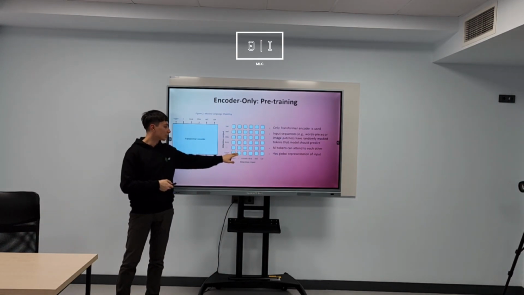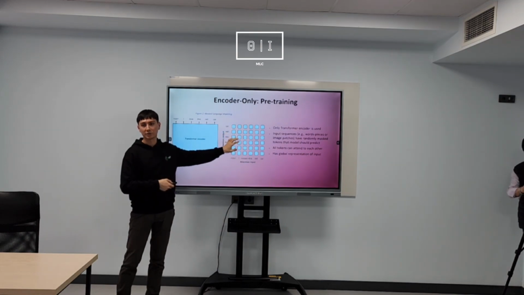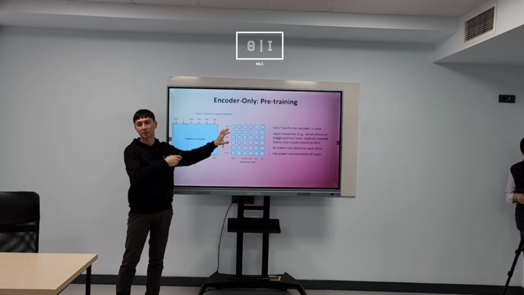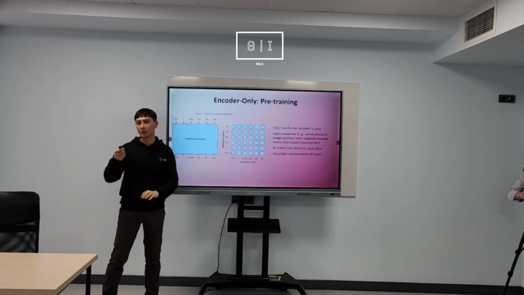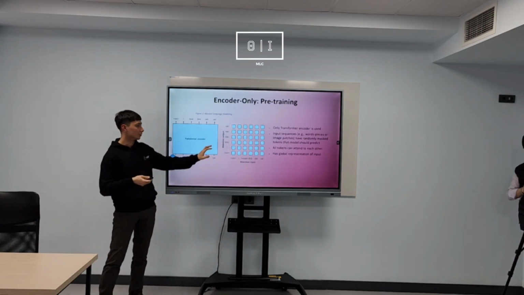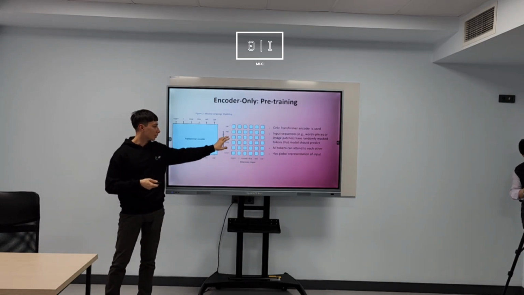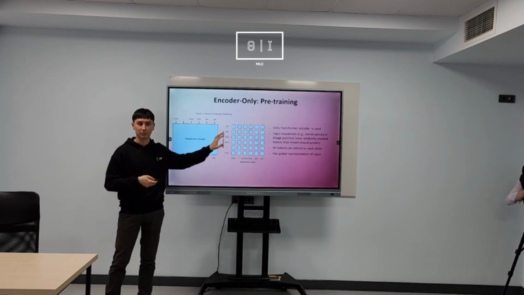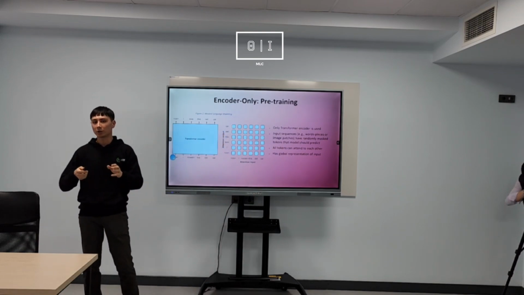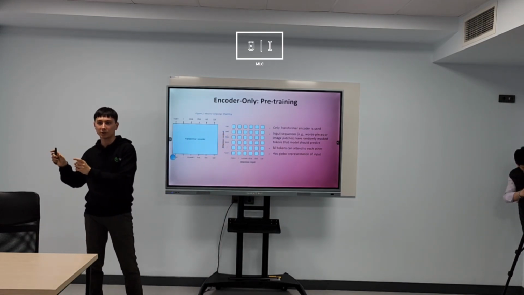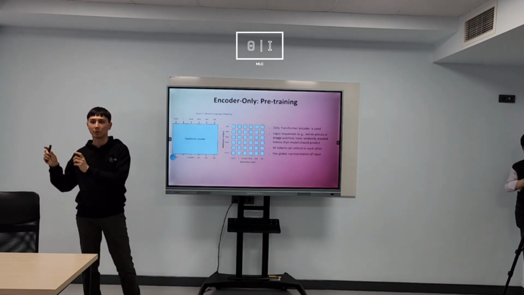Say if this word "I" attends only several tokens, you may interpret this word as being important only in this context, but not other contexts. With the image, again, you have your patches of images, and the attention pattern here helps you visualize what areas of your image this particular patch attends to most.